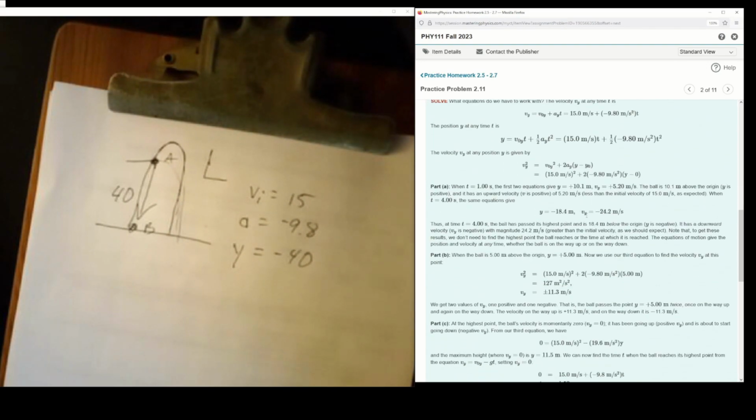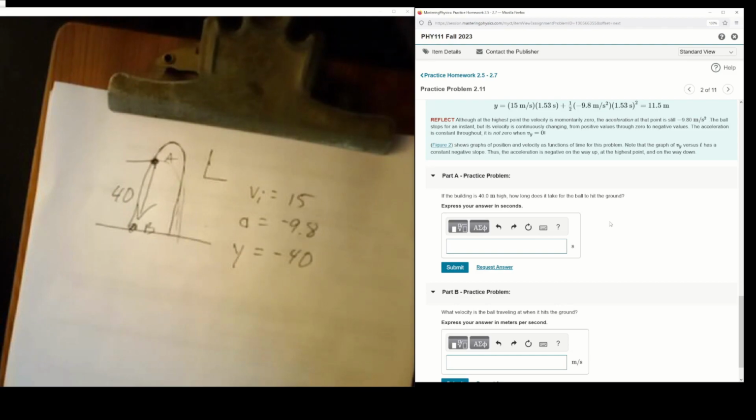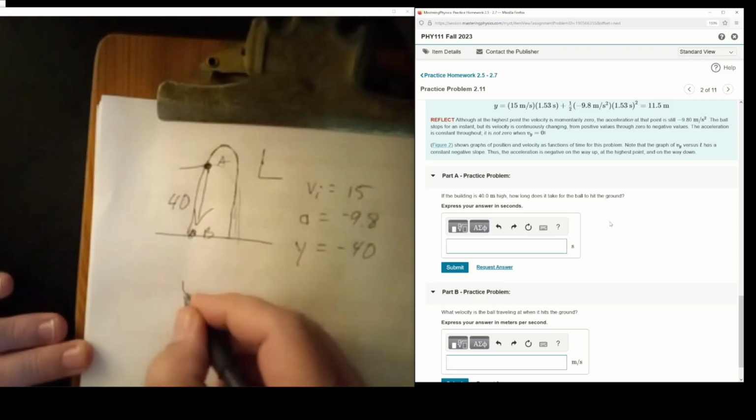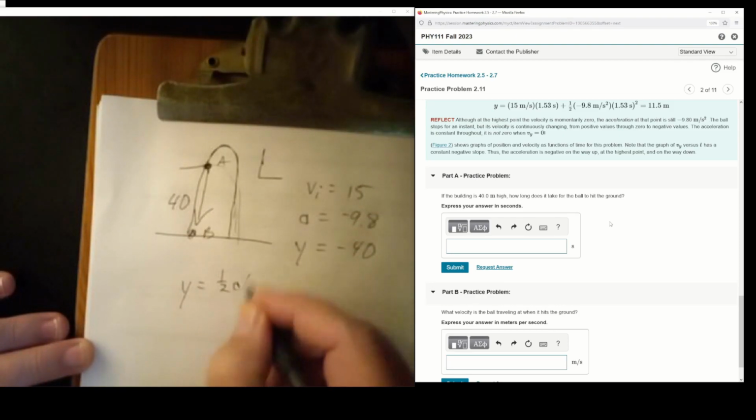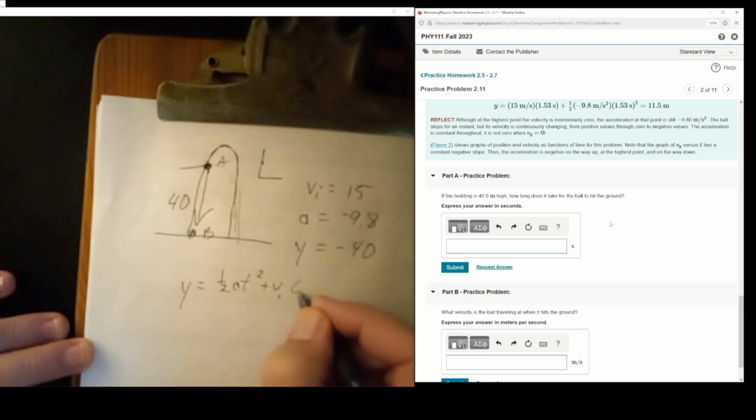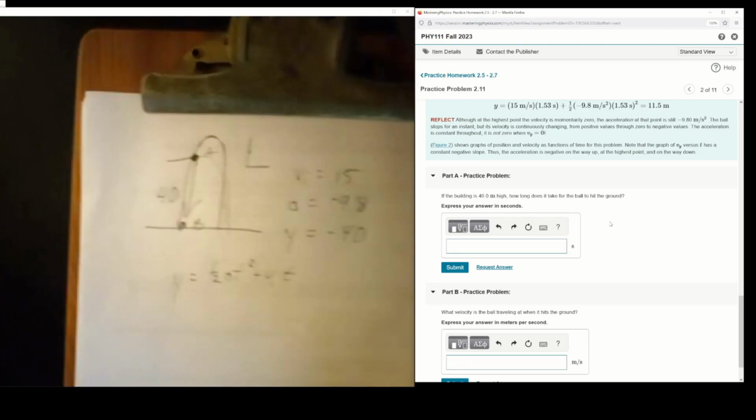So the y displacement here is minus 40. And they want to know how long does it take to hit the ground. And we can use, plug our stuff in.